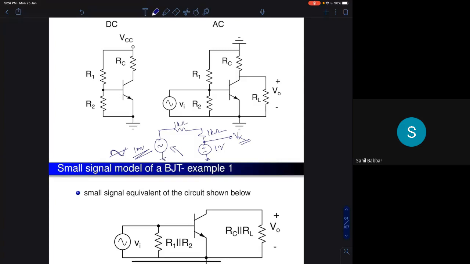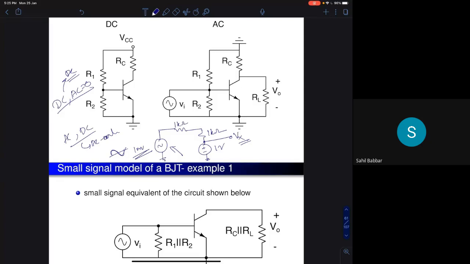In the principle of superposition, you retain one and make the other 0. So you retain AC and make DC 0 in AC analysis. In DC analysis, you retain DC and make AC 0.